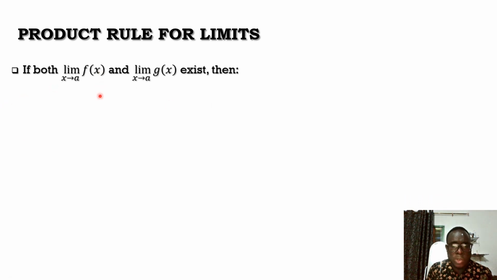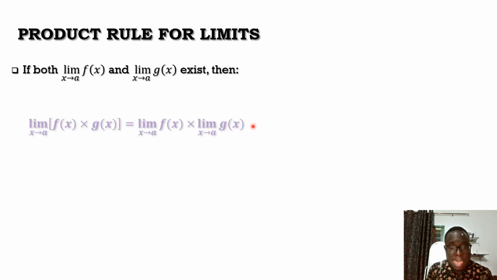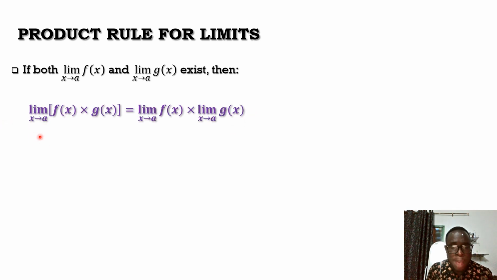If both limits of f of x and g of x as x approaches a exist, then the product rule of limits states that the limit as x approaches a of f of x times g of x will be the same as the limit as x approaches a of f of x times the limit as x approaches a of g of x. It means that you find the limit of each respective function and multiply their results. So which will be f of a times g of a.